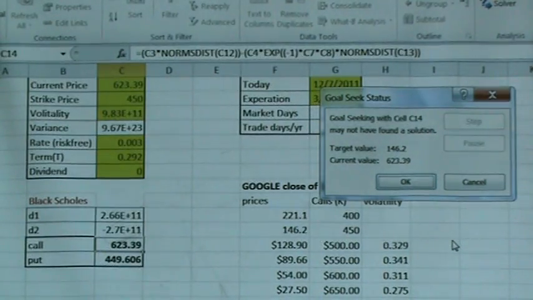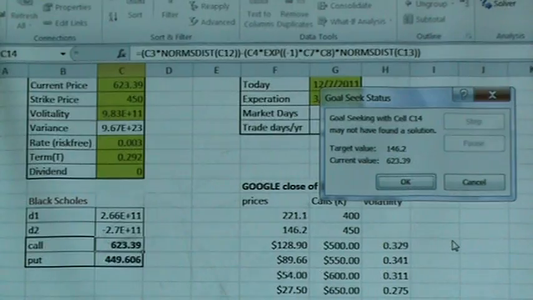What's going on? Yeah, sometimes Goal Seek fails. 9 times 10 to the 11? That's a crazy volatility.